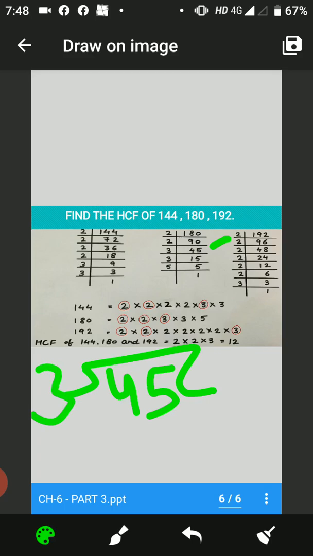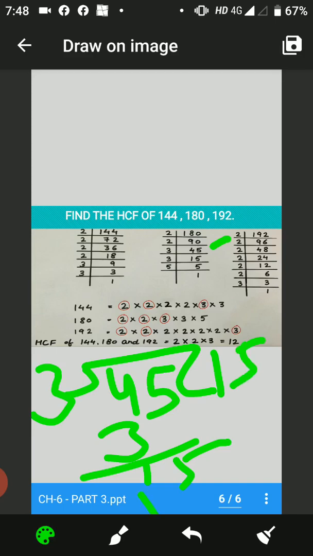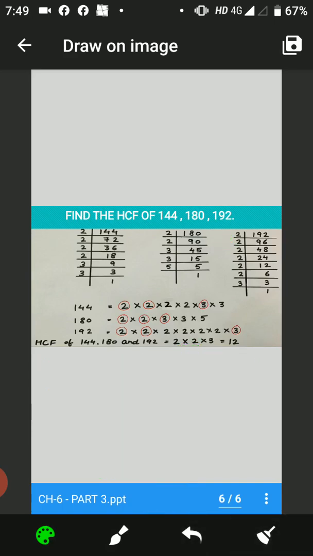So let's see. 3 ones are 3. 4 minus 3, 1. Does 15 come in the 3 table? Yes. 3 5s are 15. The remainder is coming 0, so it means 45 comes in the 3 table. So 3 15s are 45.